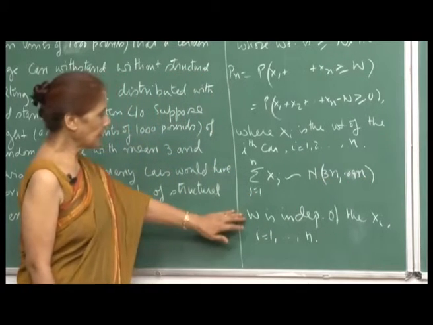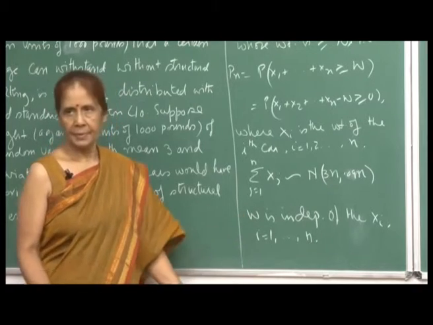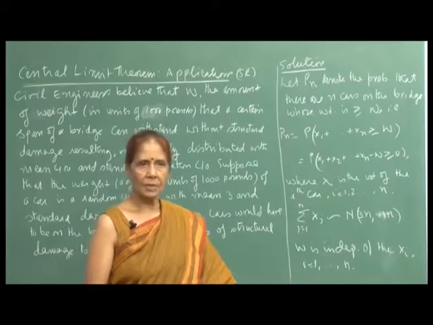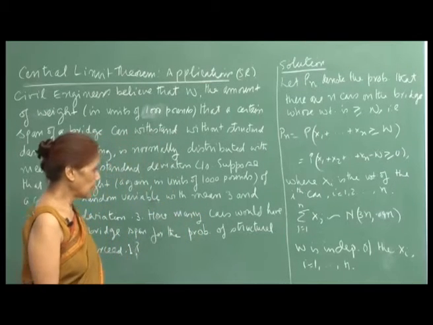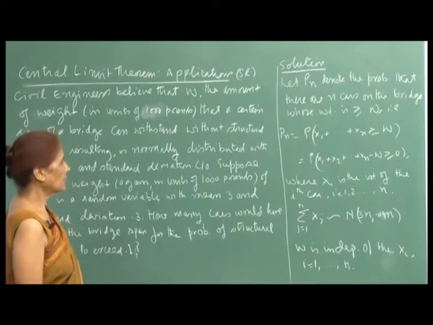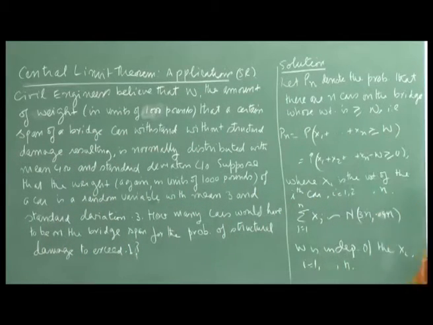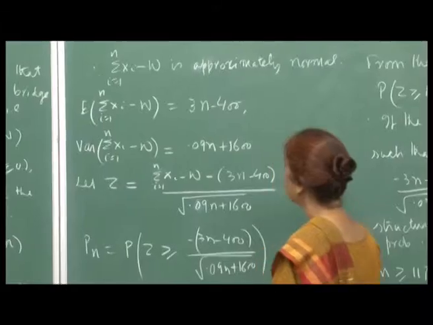Now, W is independent of the X i, because the weight that the bridge can withstand is independent of the weights of the individual cars, and therefore, when I write sigma x i minus W, this is also approximately normal.